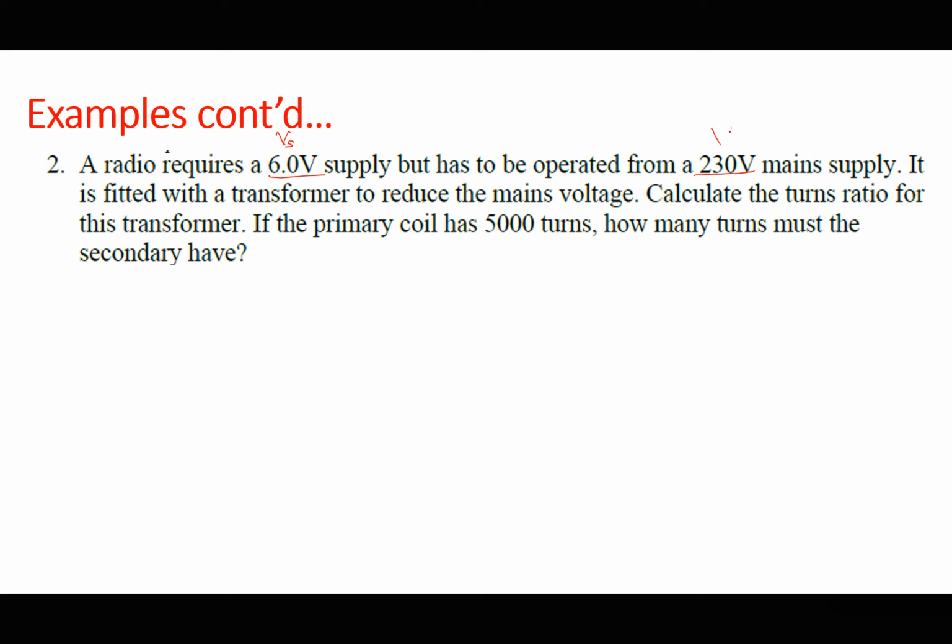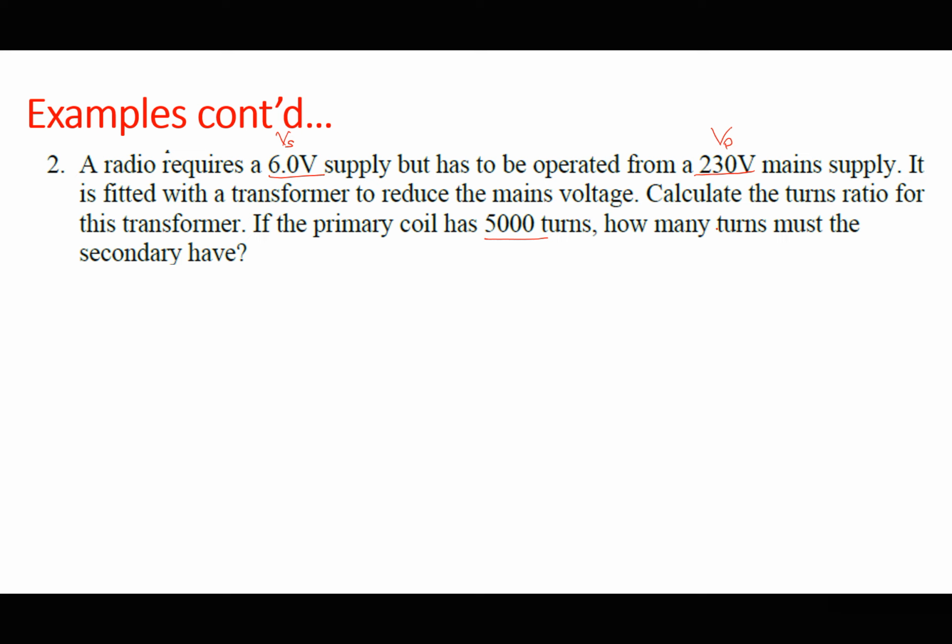And this is the voltage we must put into the primary. It is fitted with a transformer to reduce the mains voltage. Calculate the turns ratio for this transformer. If the primary coil has 5,000 turns, how many turns must the secondary have?